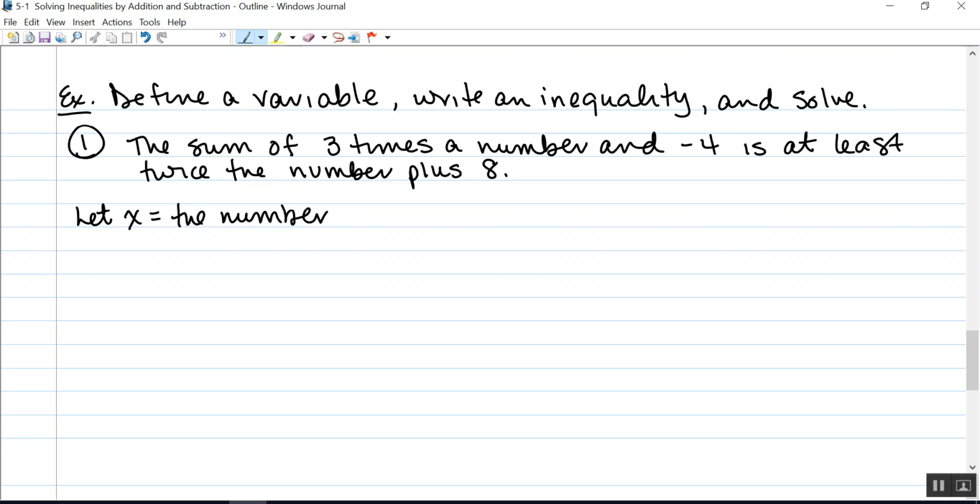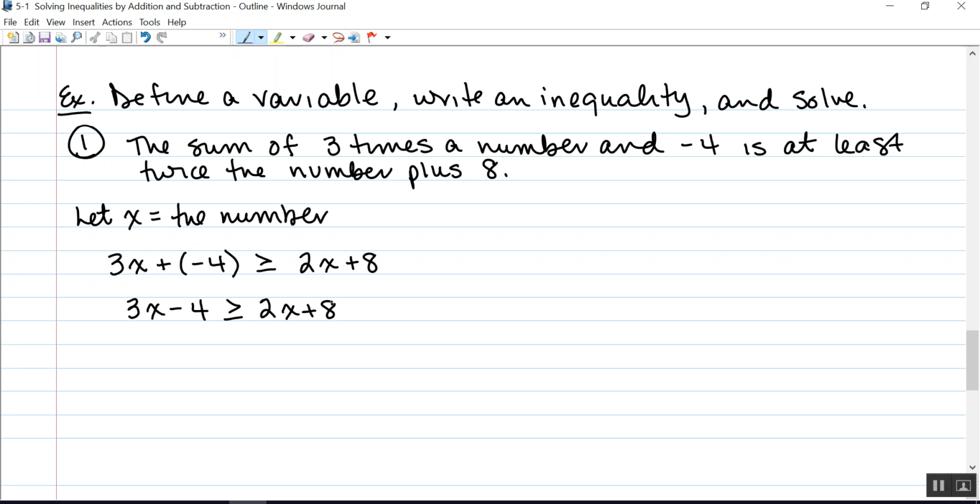So the sum of 3 times a number and negative 4, so 3 times a number plus negative 4, is at least, so remember that's going to be greater than or equal to, twice the number, that means 2 times plus 8. I'm going to clean this up a little bit. I don't like saying plus a negative number. I prefer to say 3x minus 4 is greater than or equal to 2x plus 8.